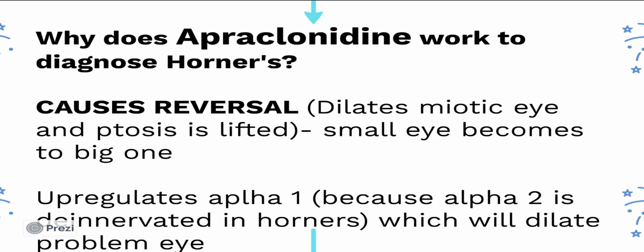So the small eye now becomes big, and that's why it's called a reversal. The reason apraclonidine works is because it upregulates alpha 1 receptors, where it normally would act on alpha 2 and constrict. When there's a problem, the alpha 1 takes over, and that becomes the dilator, and it'll dilate the problem eye. So apraclonidine causes reversal. The small eye now gets big.